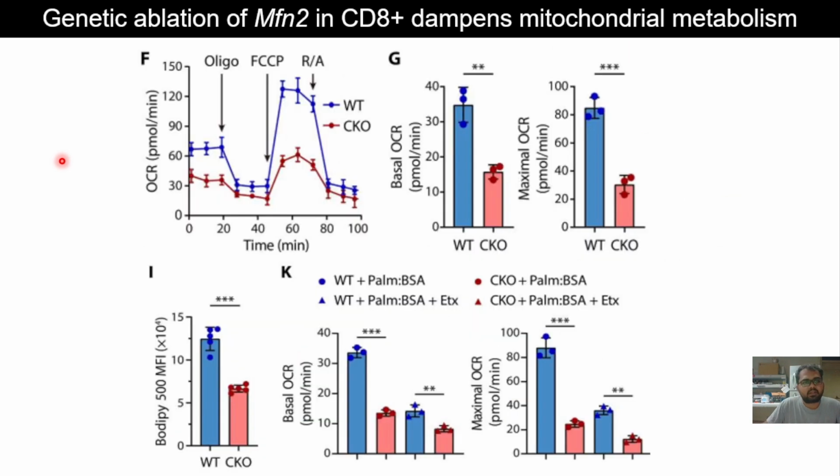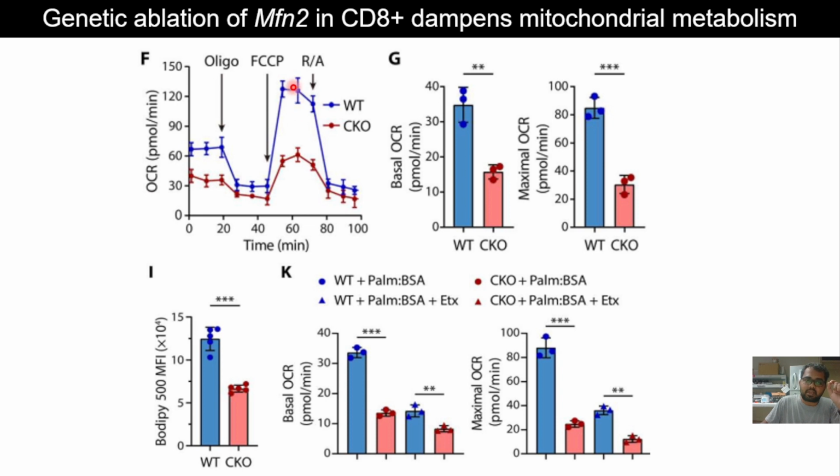Further, they checked the oxygen consumption rate, and you can see here that in the knockout the basal oxygen consumption rate is decreased, which means that even without any further interference with these chemicals, the basal is low. This suggests that the mitochondrial function is down in MFN2 knockout CD8 T cells.